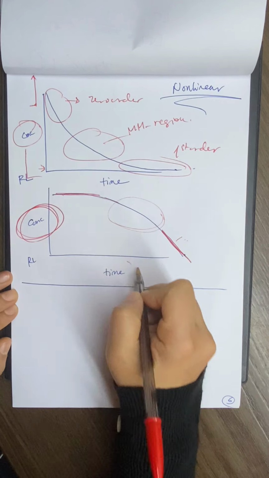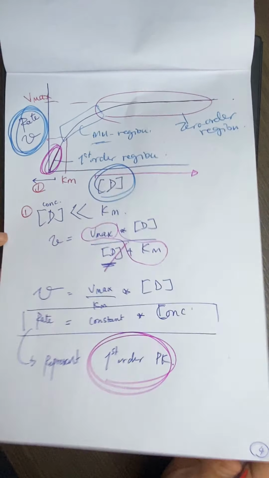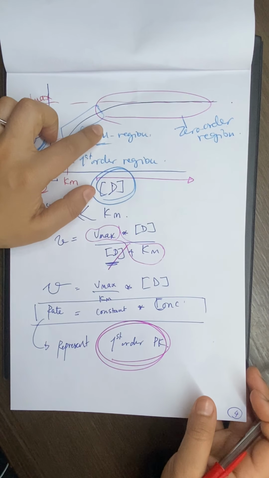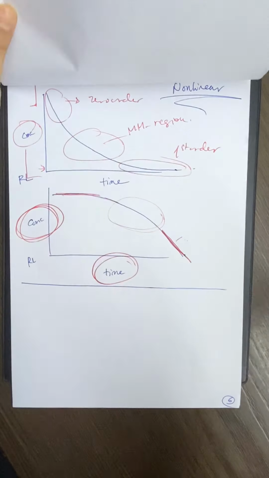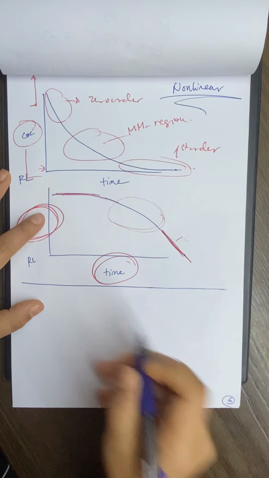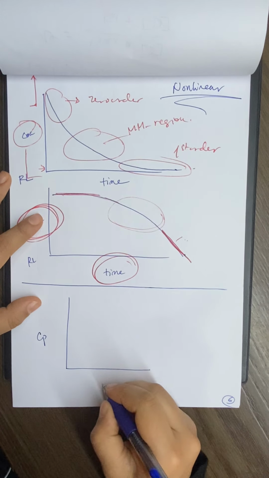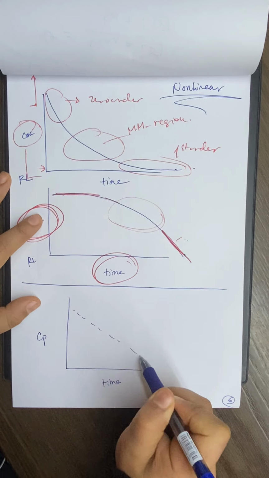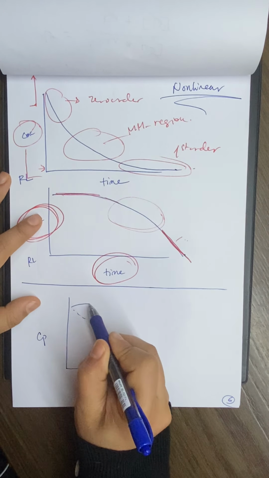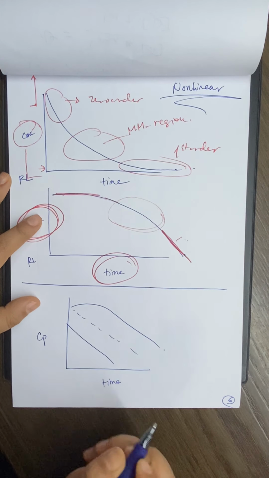One of the profiles that can give you some idea, and just remember that what we are having here is concentration versus time, rather than the diagram for Michaelis-Menten, which is rate versus concentration. You have this on your slide, in which we have plasma level or concentration versus time. We have this profile, and this profile, and this profile.